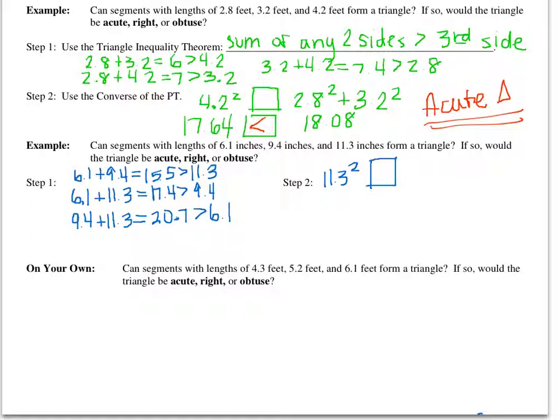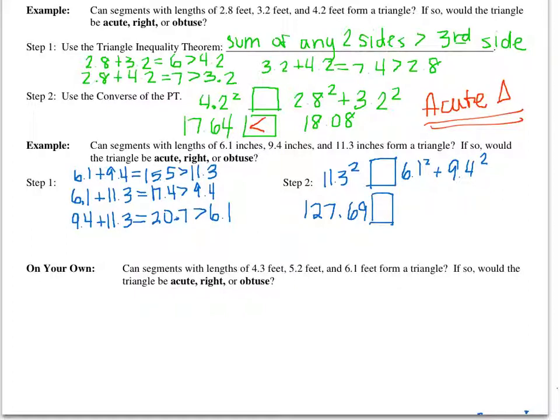We're looking for what's our sign here. Then the sum of our two other sides squared. So we have 6.1 squared plus 9.4 squared. So 11.3 squared, if you put it in your calculator, you'll get 127.69. Is what then?